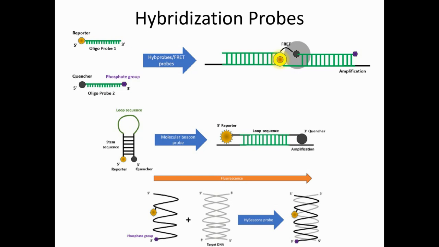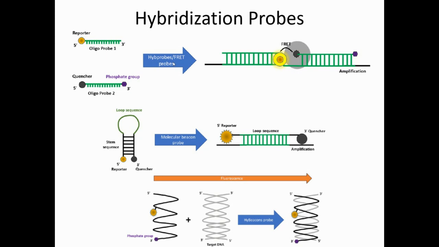sequence during the qPCR reaction. So that's the typical hybridization probes: the molecular beacon probe or the HyBeacon probes. The other is known as the FRET probe, F-R-E-T. They have a pair of oligonucleotides binding to adjacent target DNA sequences.